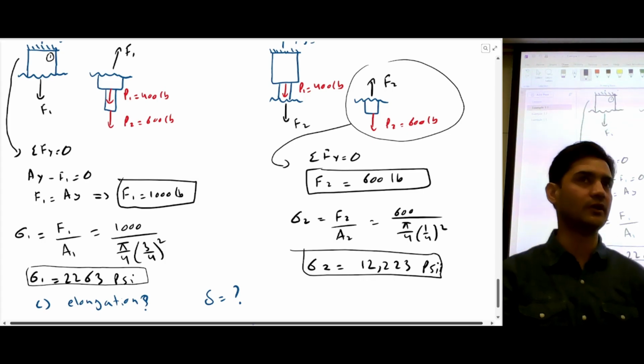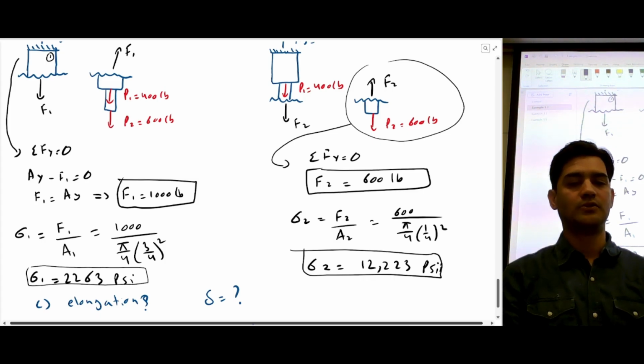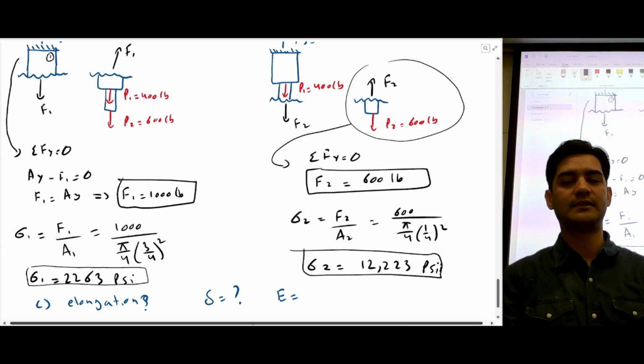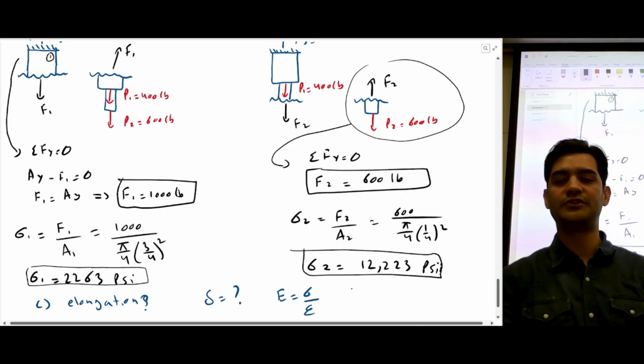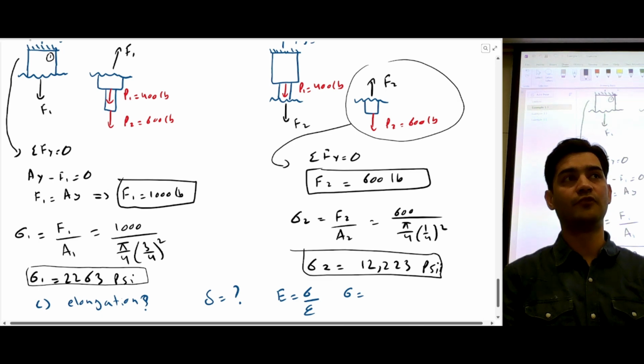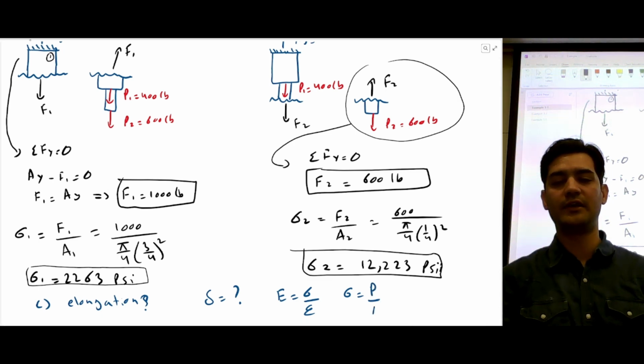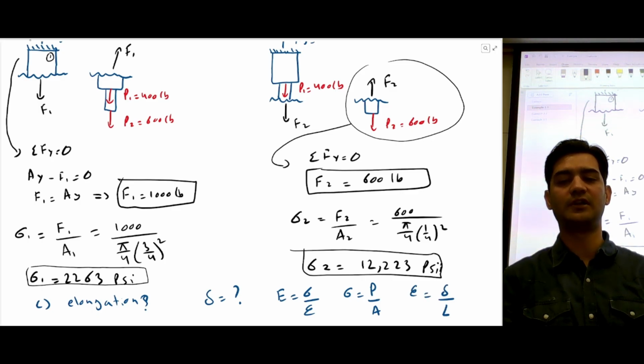How we can calculate elongation? So we know modulus of elasticity is stress over strain. We know stress is force per unit area, but I'm going to just use P. You can use any letter. Force per unit area. Strain is change in length over original length.